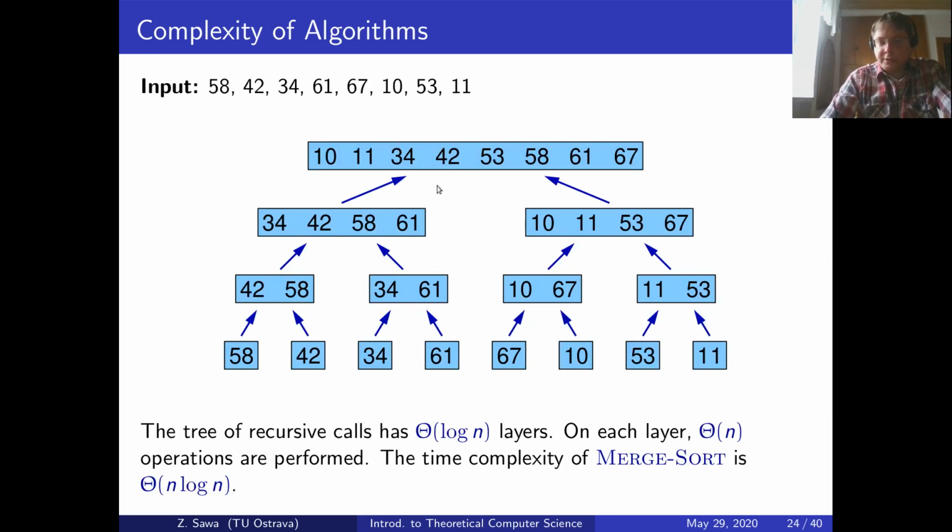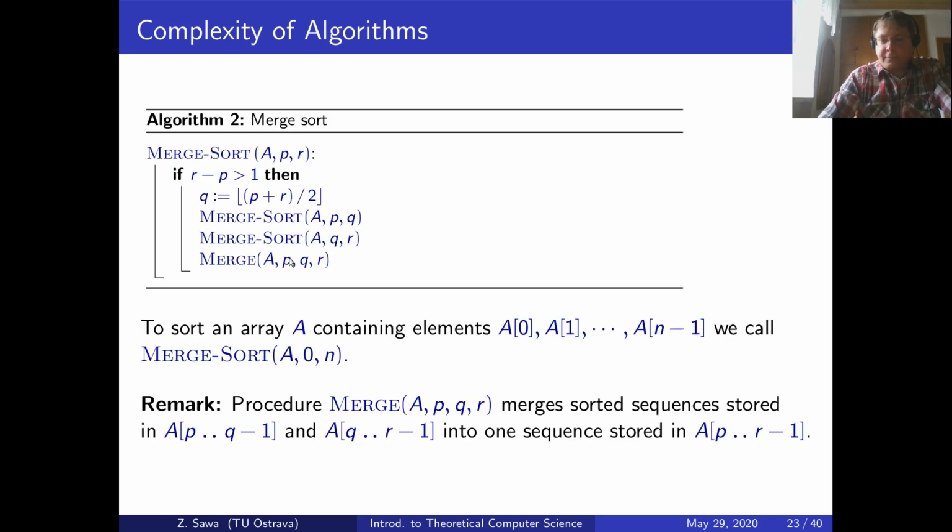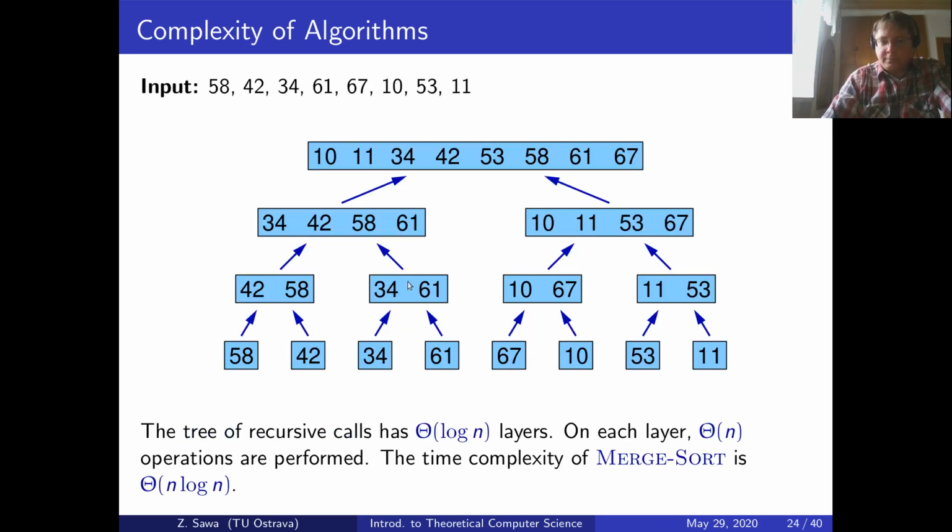So we can imagine such a tree where the elementary sub-problems were of size 1, and always using this merge, the results for these sub-problems were combined into sorted sequences, obtained by merging these already sorted sequences. So from these two values we obtain this, merging this and this, we obtain this, and so on.